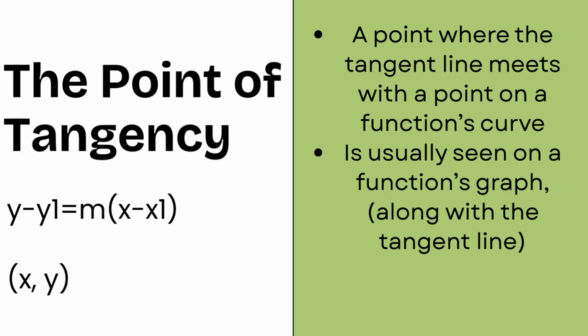And this is usually seen on a function's graph along with the tangent line graph. So if you're ever given a graph and you're asked to find the point of tangency, you can usually see it easily, because it's the point where the tangent line, when it's graphed, meets with a point on the function's curve. And again, it's just in the form of x comma y.